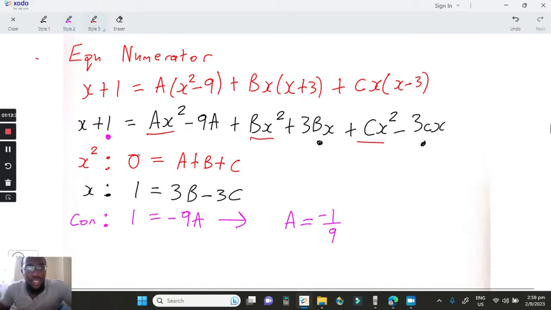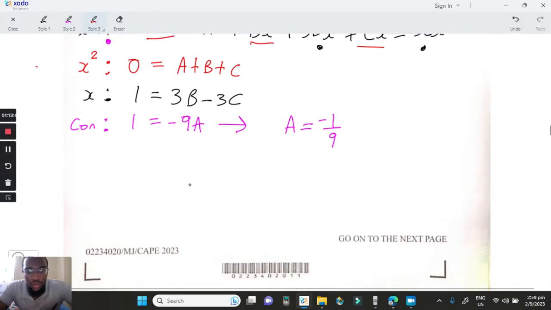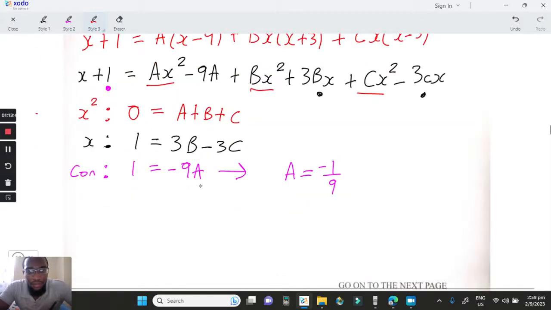Once we're able to get a, we're then able to evaluate b and c, because now we have two equations. Let's call this equation 1 and this equation 2.